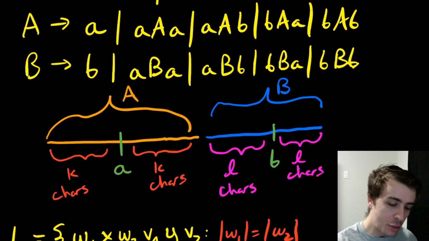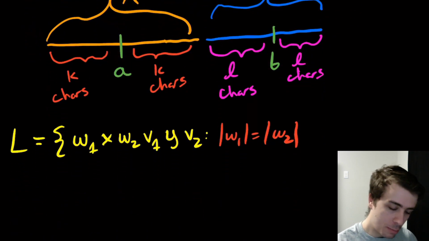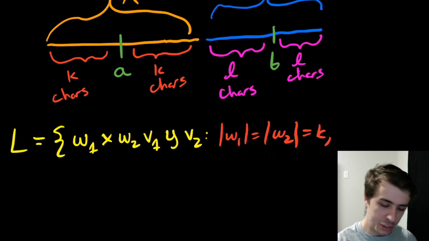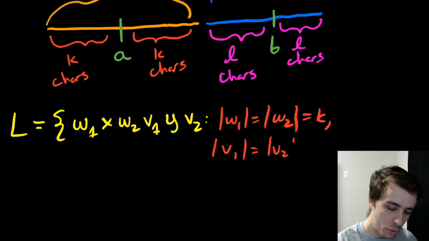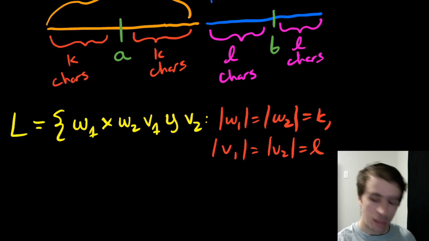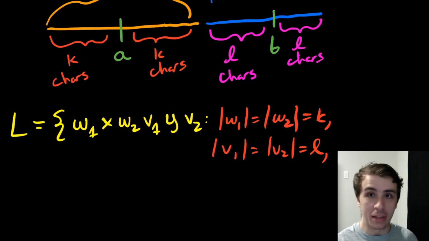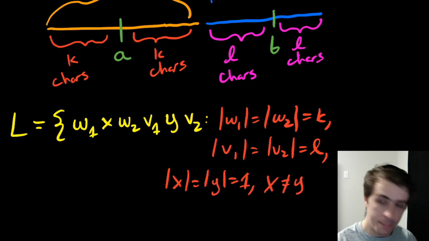Because we had these other rules where the other sides of the A variable could be different, or they could be the same. But we know that they have the same length for sure. So I'm going to call that length K, of course. And what we have, of course, is that V1 and V2 also have the same length, L. And what we also know is that the X part and the Y part are single characters and are not the same. So the length of X is the same as the length of Y, which is 1, and X is not equal to Y.